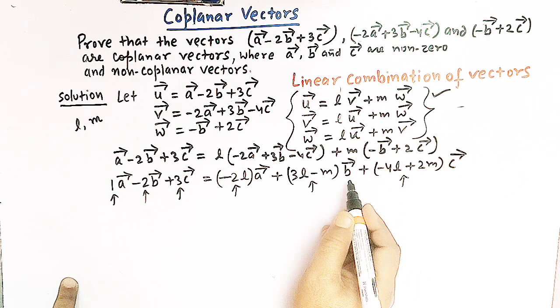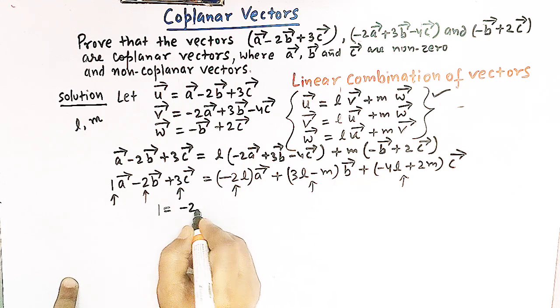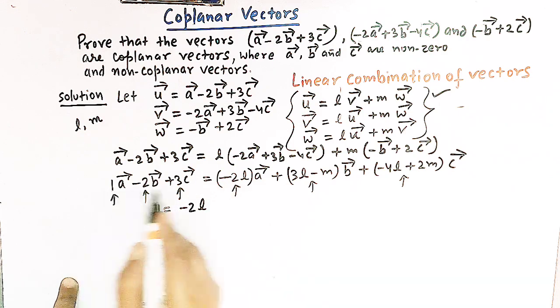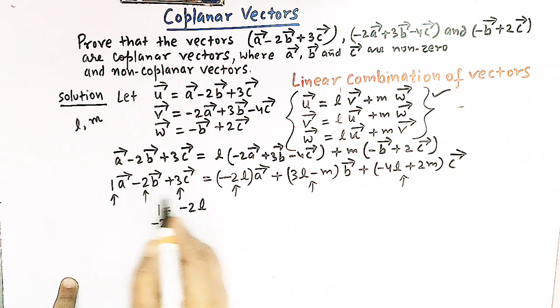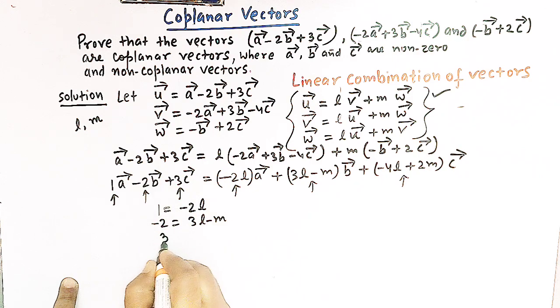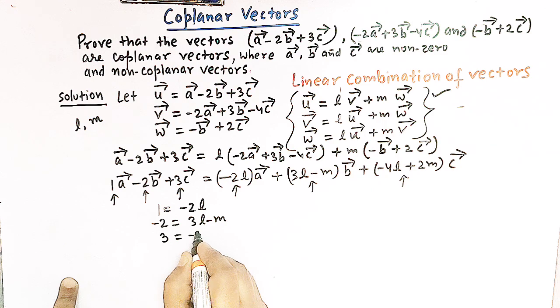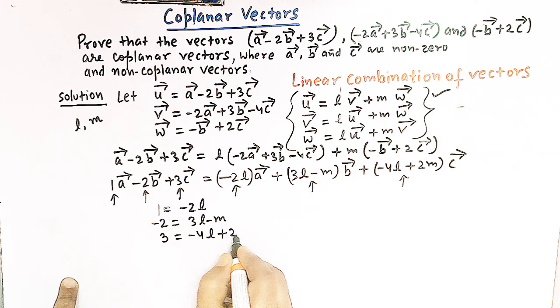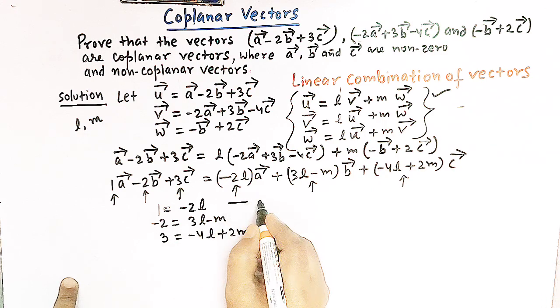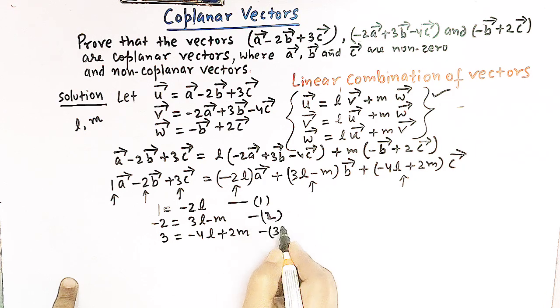So 1 is equal to minus 2l, equating the coefficients of vector a, then minus 2 is equal to 3l minus m, equating the coefficients of vector b, and 3 is equal to minus 4l plus 2m, equating the coefficients of vector c. So now we have three equations.